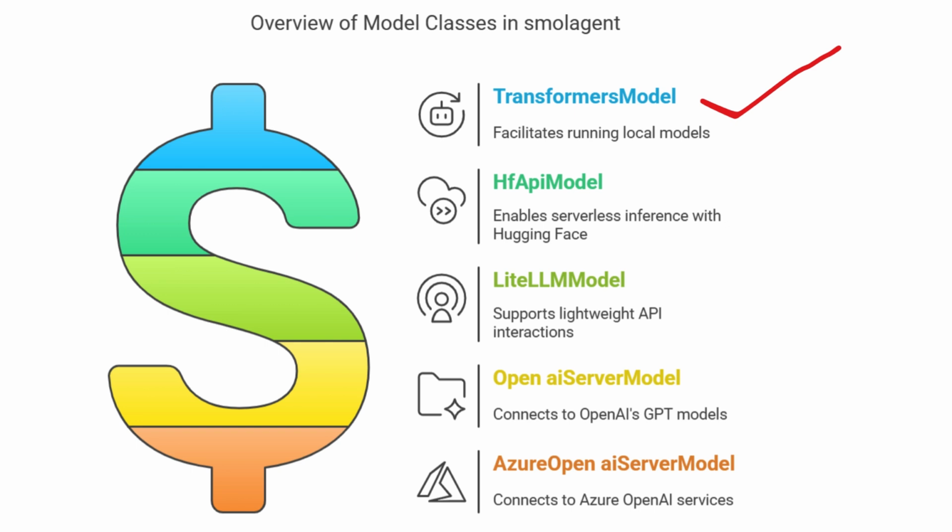When you use this model class, it loads an LLM onto your system, so instead of sending requests to an external server, everything happens locally. This means once the model is downloaded, you have full control over it. You don't have to worry about sending sensitive data to the cloud, and you avoid any usage fees that come with pay-per-use APIs.